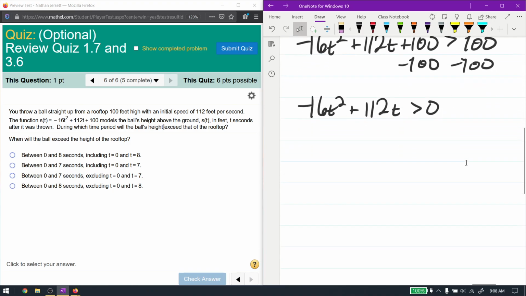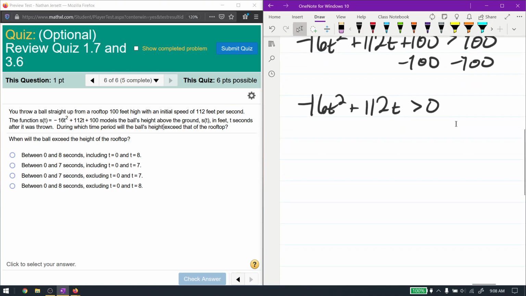Okay, I did a similar problem just a few problems ago. I'm going to factor this. I don't know if 112 can be divided by 16. It can, so I'll take out a -16t. That gives me t minus 7.